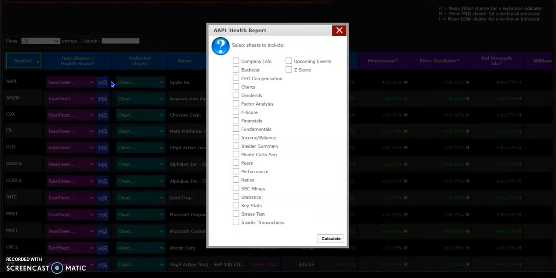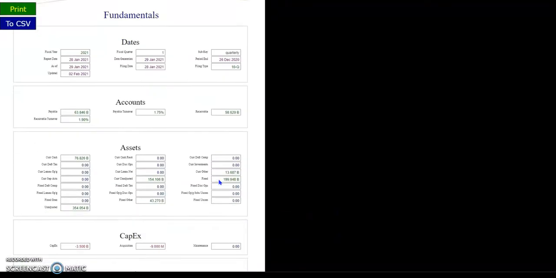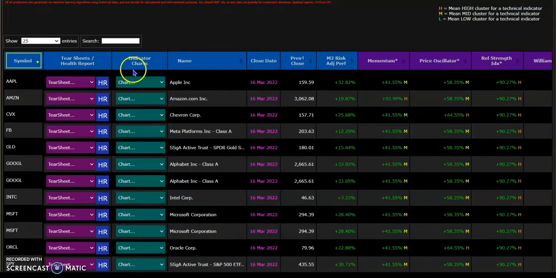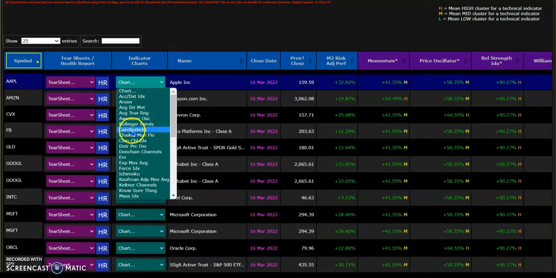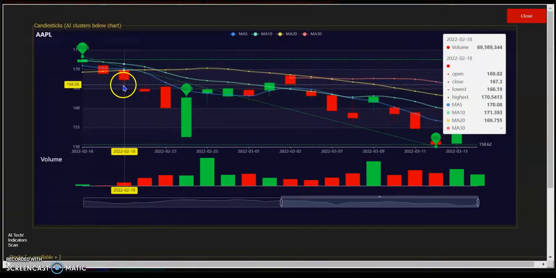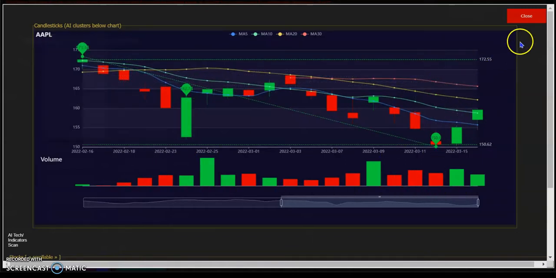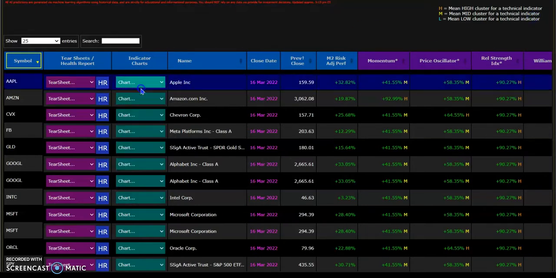Any of these tear sheets can be created into a report, and you can generate all this information by selecting into a report like this. All the charts you can also see using our charting library, actual charts. In this case, this is a candlestick chart of each stock, but there are many, many more.